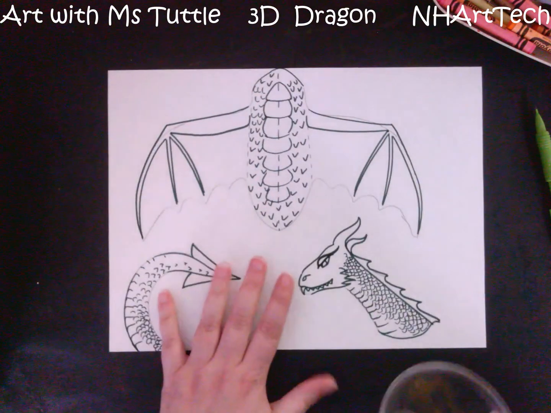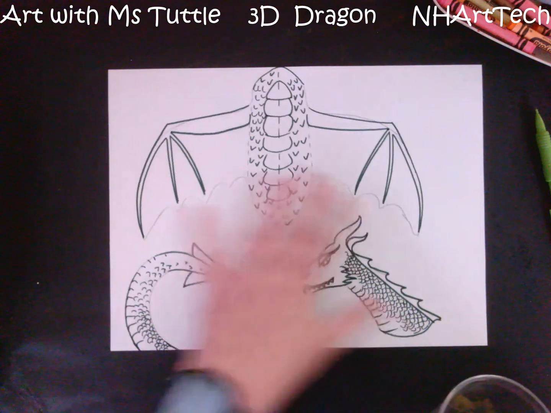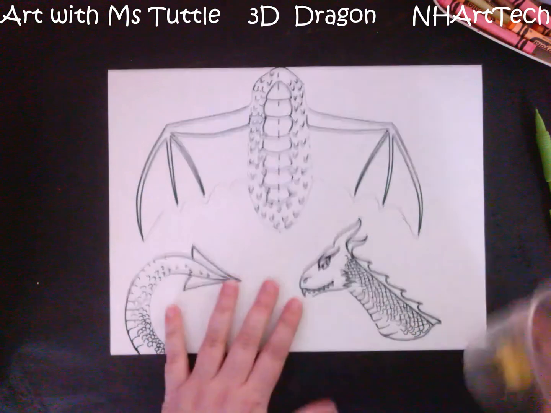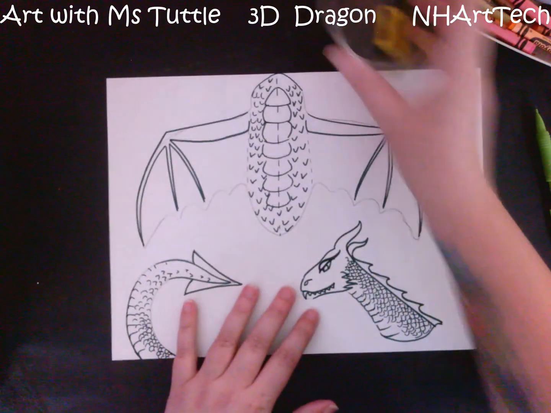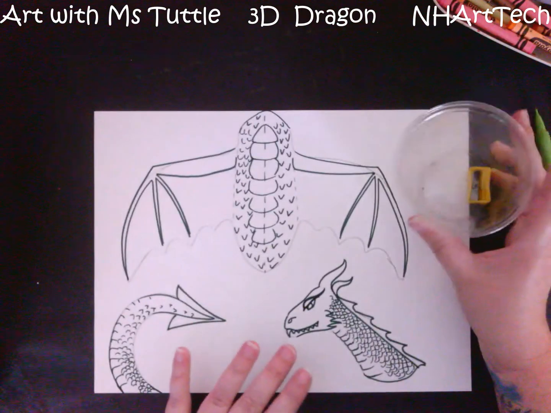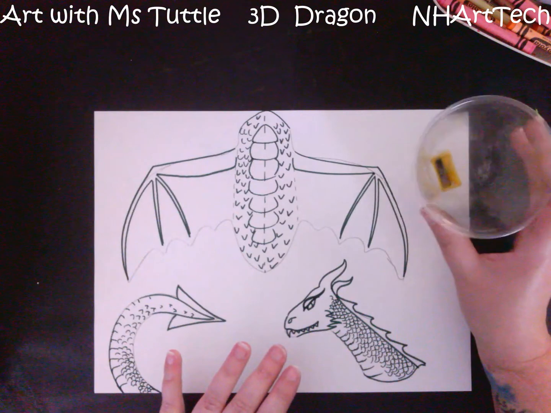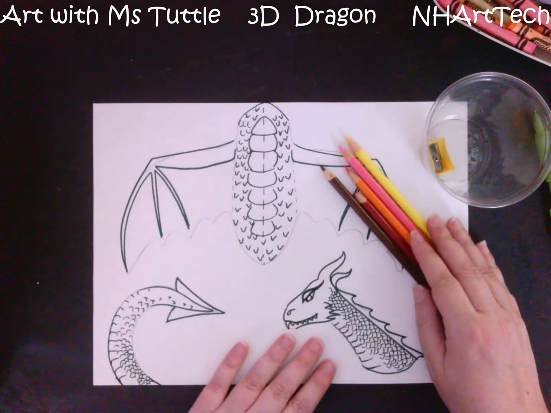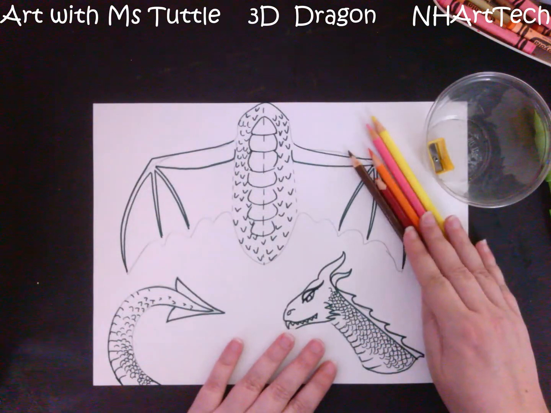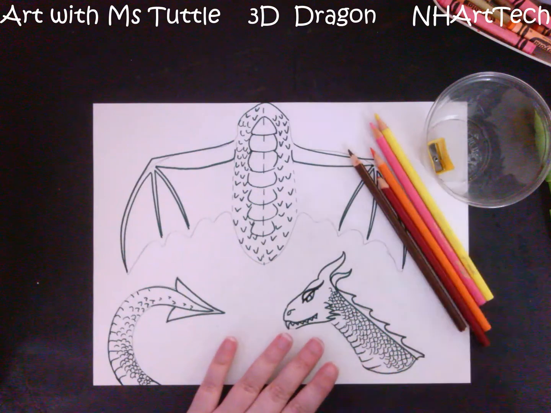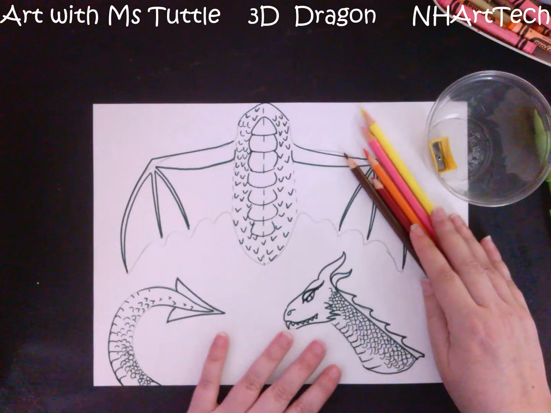Once I have my scales done and I'm pretty happy with my design, I'm going to start to color. And I am going to recommend, especially for my older students, that you use colored pencils. I am going to work on layering colors and thinking about what I really want my dragon to look like.